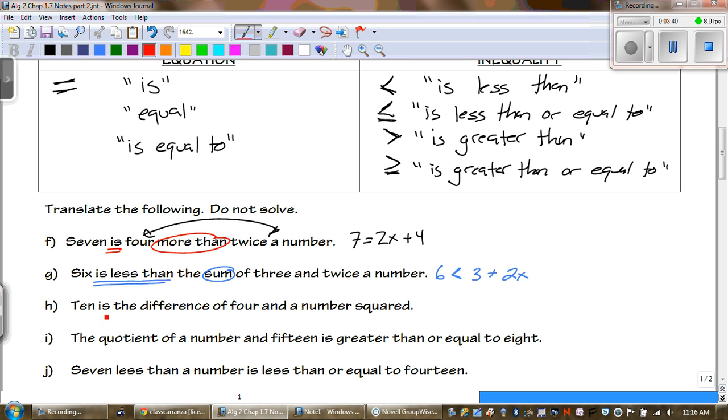H, 10 is the difference of 4 and a number squared. So 10 is the difference, so we're subtracting. 4 comes first, and your number squared.